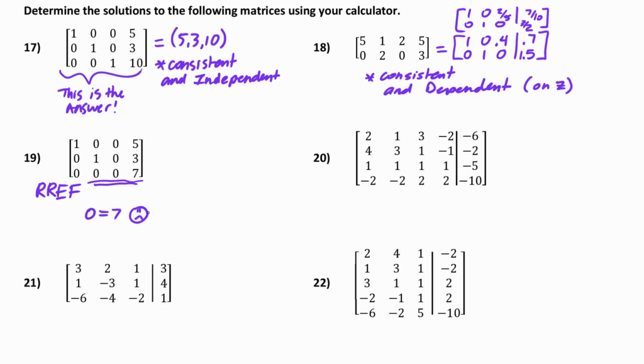And 0 equals 7 is absolutely not true. So this would technically be the final RREF format, but we could interpret this system as being inconsistent and impossible to solve. There is no singular solution.